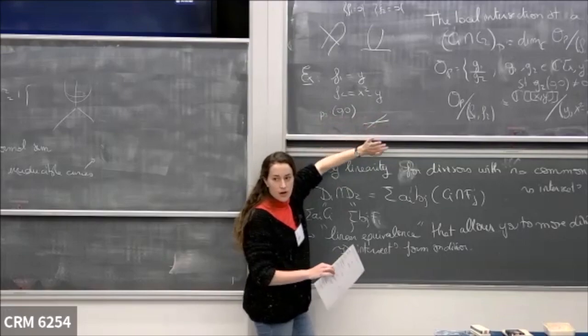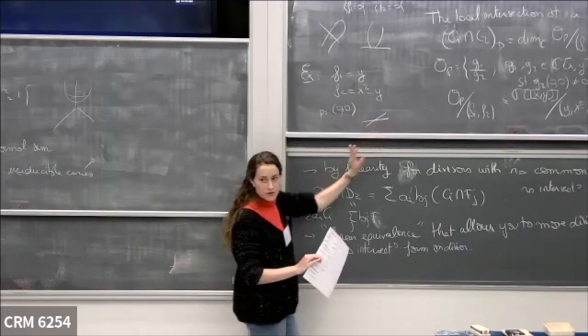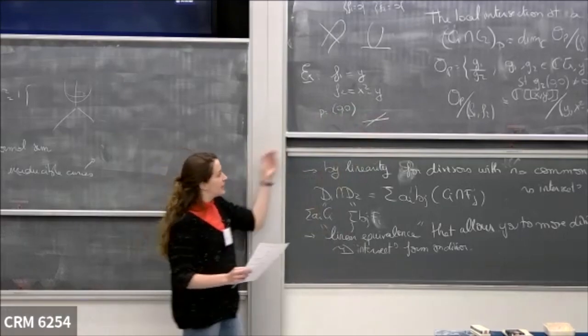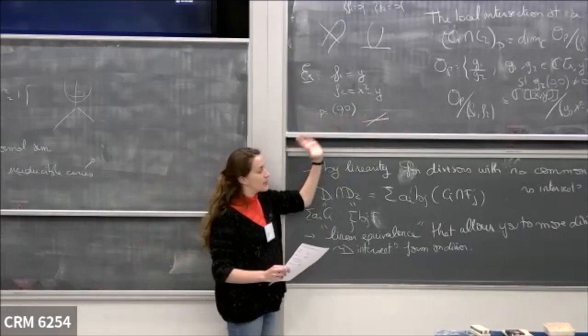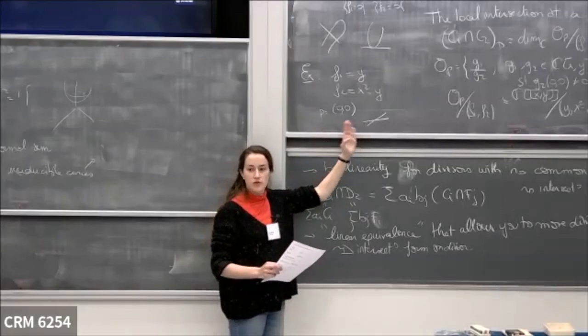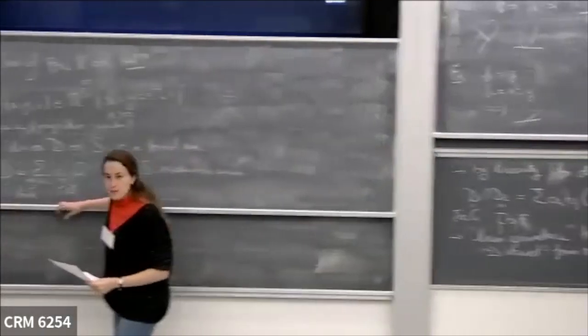We can speak about this in the exercise. For instance, in P2, which is nice but not the case of every surface, this equivalence tells you that any curve of any degree is linearly equivalent to the line times the degree of the curve. But this is really specific to P2.